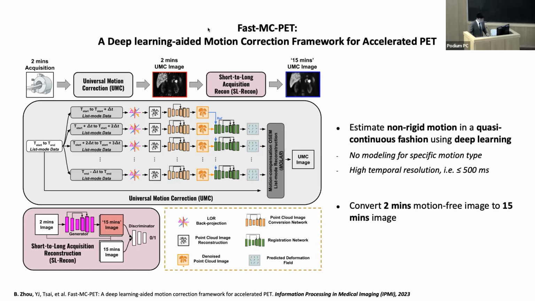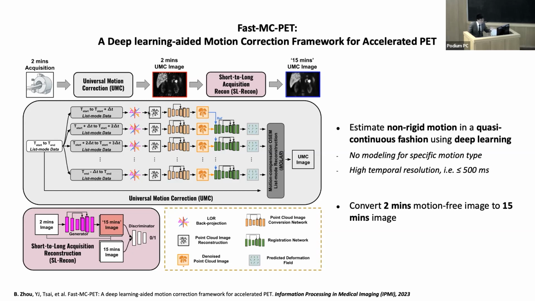So the general idea is, given a 2-minute acquisition, we can first split that into many continuous ultra short frames, and then we can perform a simple line of response back projection to generate a point cloud image.